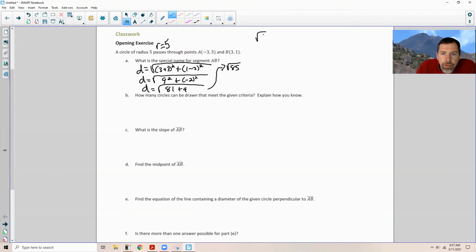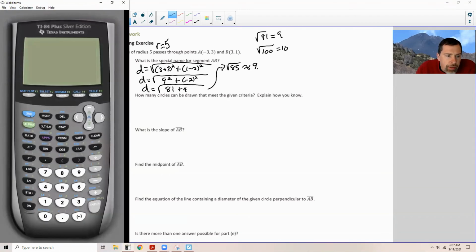Well, the square root of 81 equals 9, and the square root of 100 equals 10. So 85 is approximately 9 point something. So I'll go check that, and the square root of 85 is 9.219.